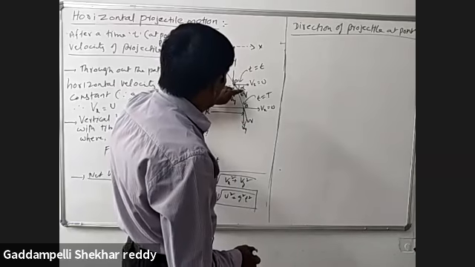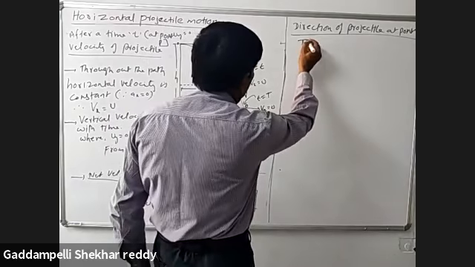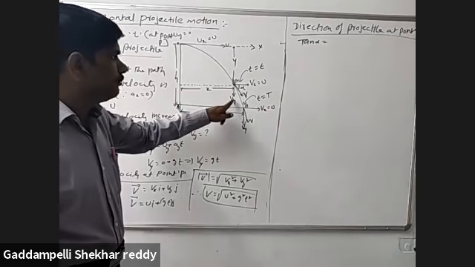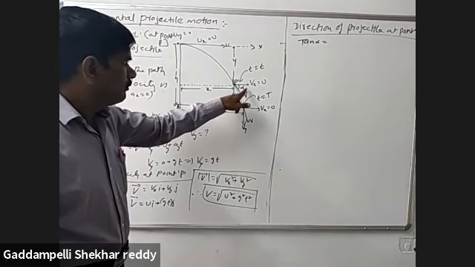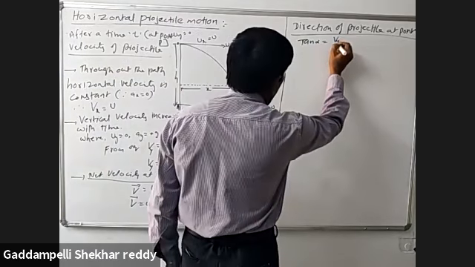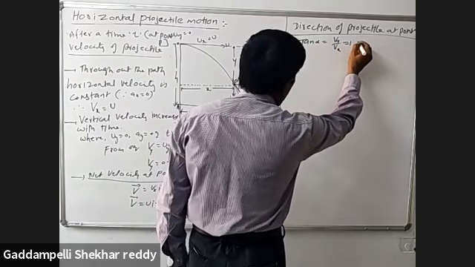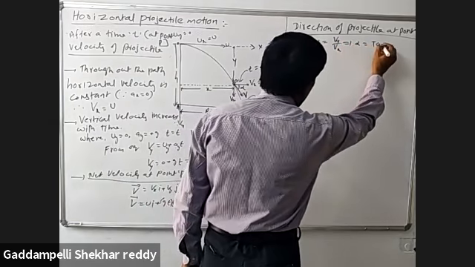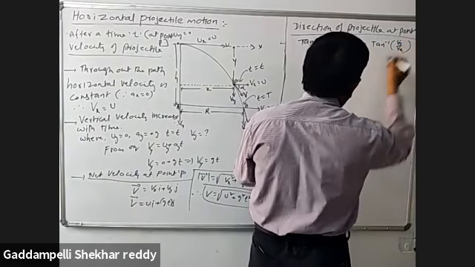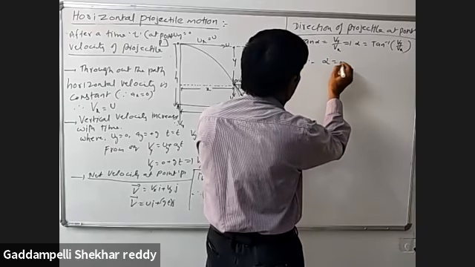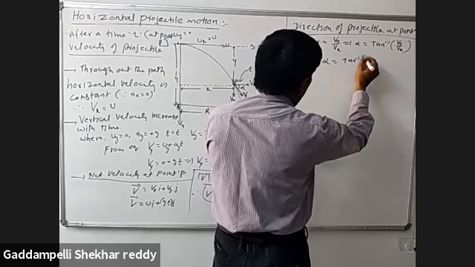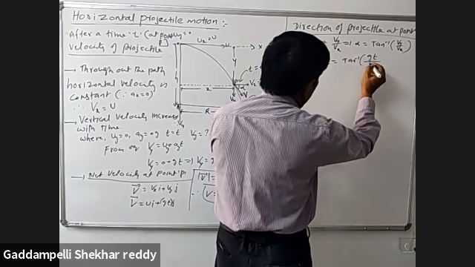So you get an angle alpha. Tan alpha, tan theta, the tan ratio is opposite by adjacent. Opposite means Vy, adjacent is equal to Vx, so Vy by Vx. That means alpha is equal to tan inverse of Vy by Vx.